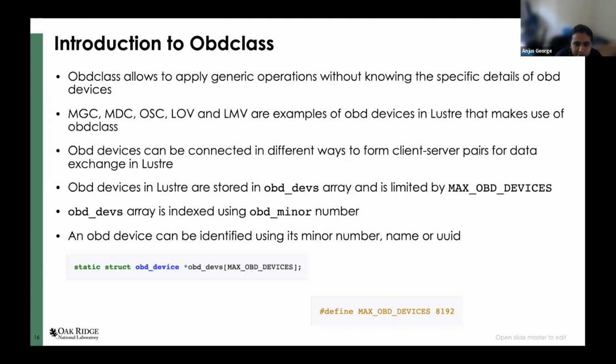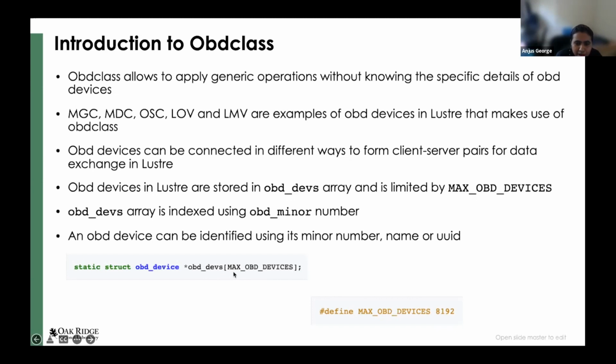OBD devices in Lustre are stored internally in the obd_devs array, as shown in this source code. The maximum number of OBD devices in Lustre per node is limited by MAX_OBD_DEVICES, as shown here. The OBD devices in the obd_devs array are indexed using an OBD minor number.